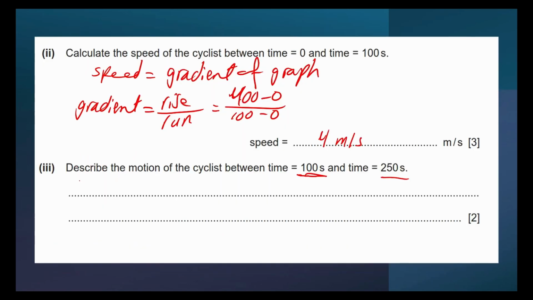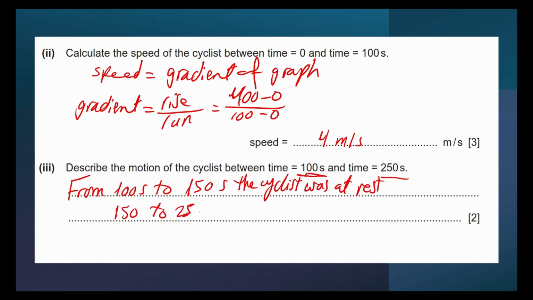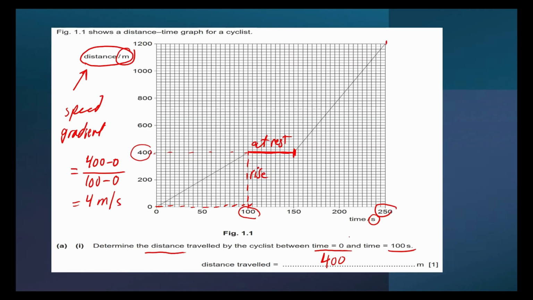So you can see here, why constant speed? Because I have here a distance-time graph and we have a straight line. The gradient is the same for every point on this line.